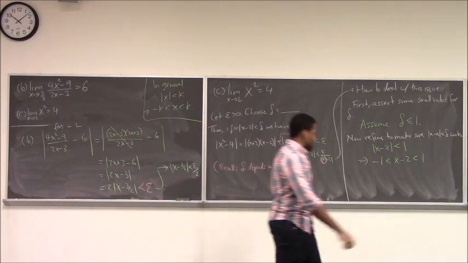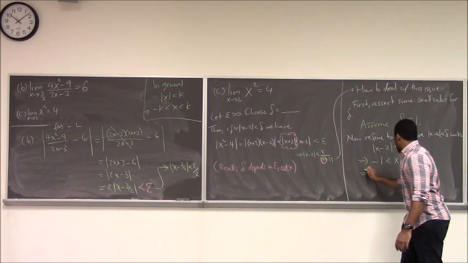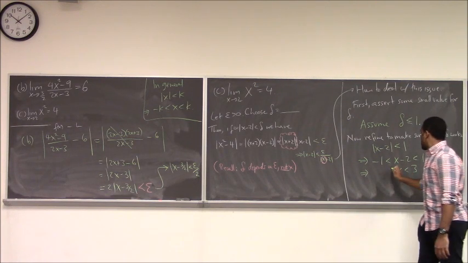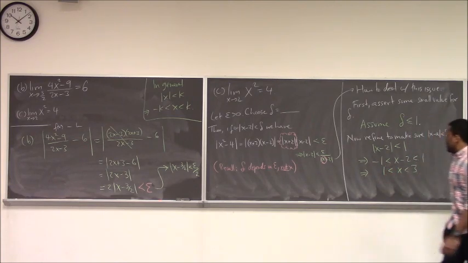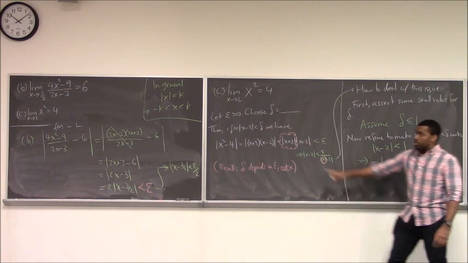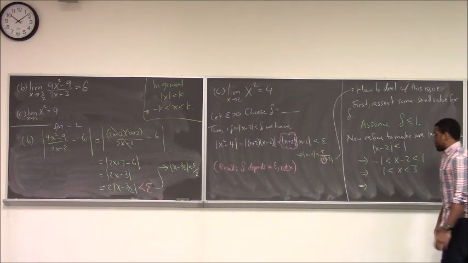So we have that. In other words, I can add 2 to both sides, and I know that my x value must be between 1 and 3 for this to hold. I don't necessarily care about the x value by itself, I care about x plus 2. So now I'm going to add 2 everywhere.